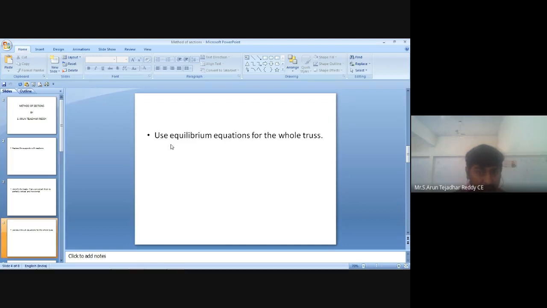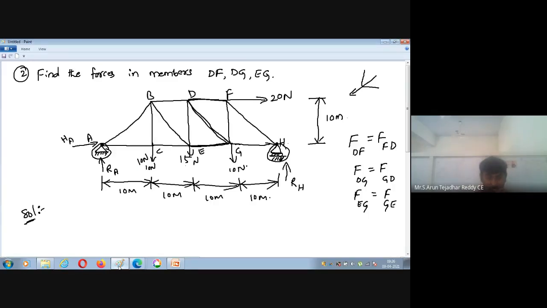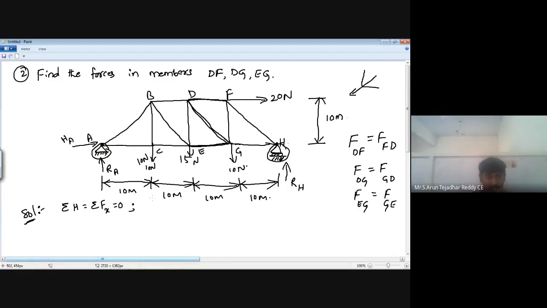Next, use equilibrium equations for the whole truss. We already know the equilibrium equations. Summation of horizontal forces, Fx equals 0.